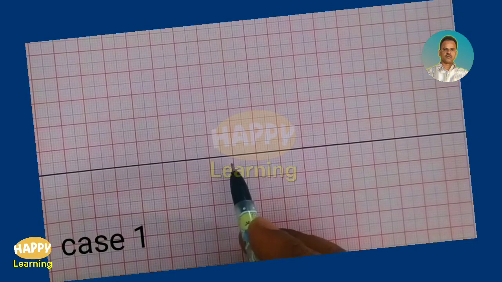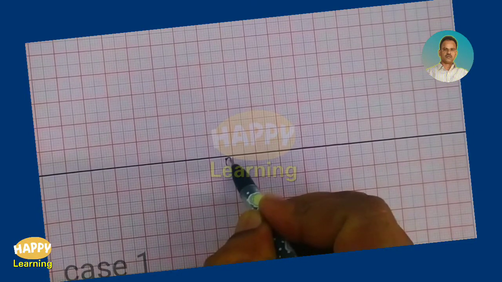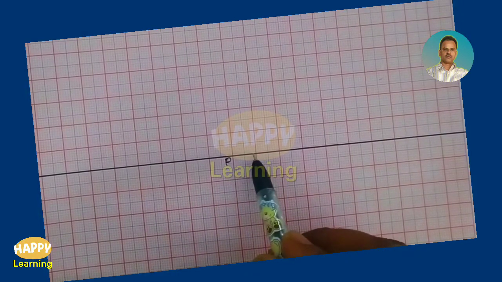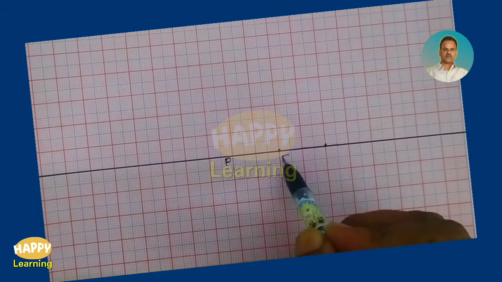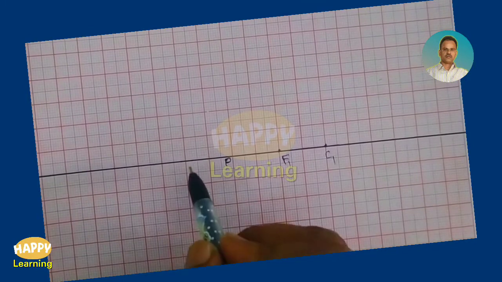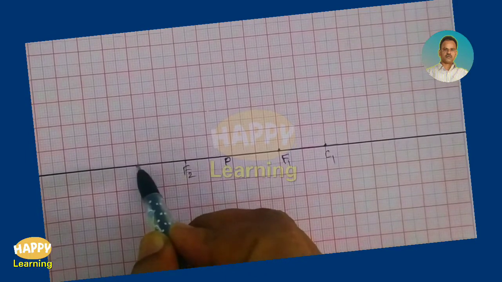So this is our principal axis. Let this be optic center P. Focal length of the lens, I am taking 2 points. Then the center of curvature, this is F1 and this is C1. Similarly here, F2, this is C2.